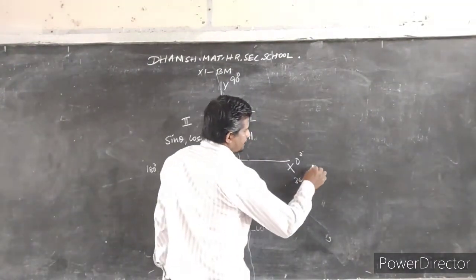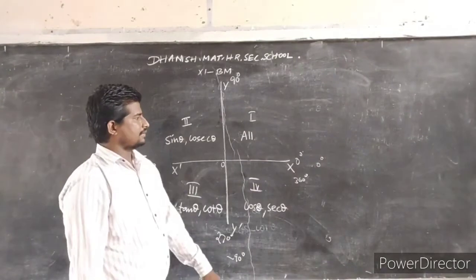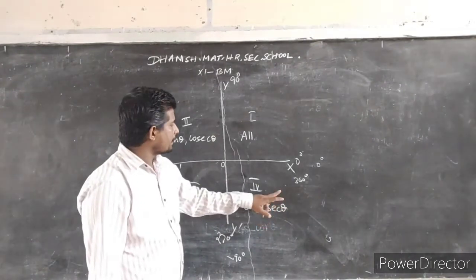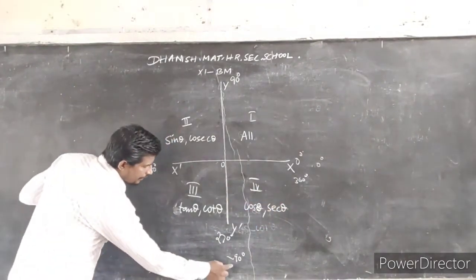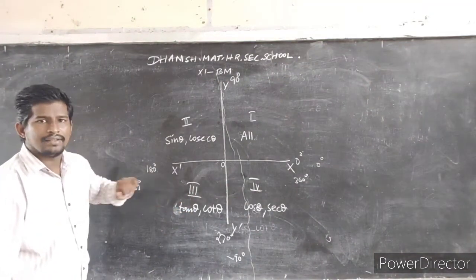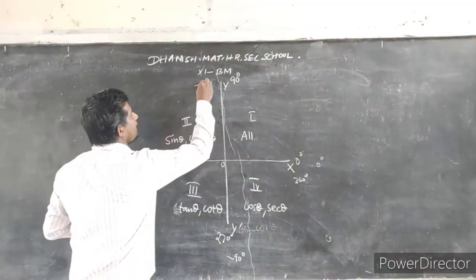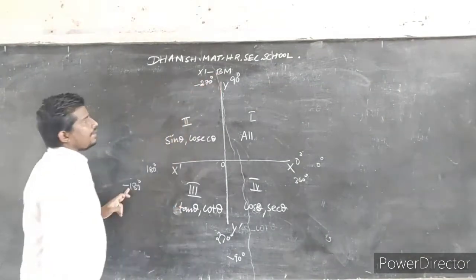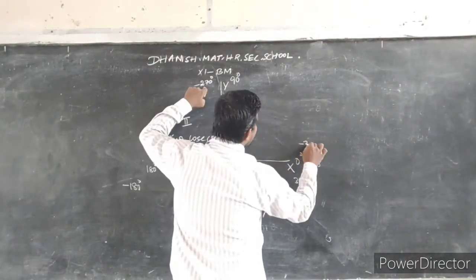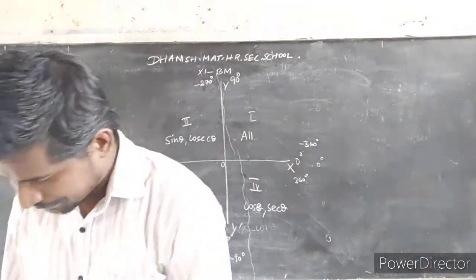Similarly, 0 degree to minus 90 degree lies in the fourth quadrant. Minus 90 degree to minus 180 degree lies in the third quadrant. Minus 180 degree to minus 270 degree lies in the second quadrant. Minus 270 degree to minus 360 degree lies in the first quadrant.